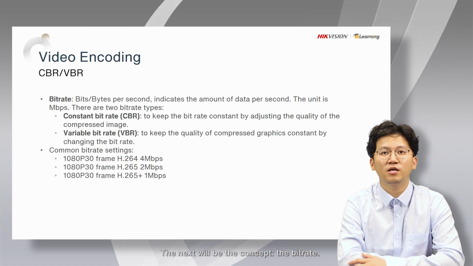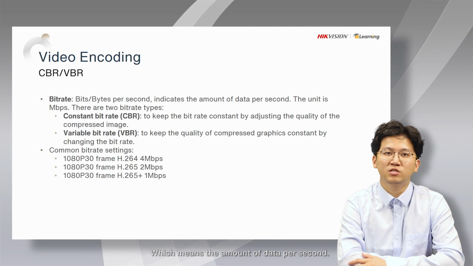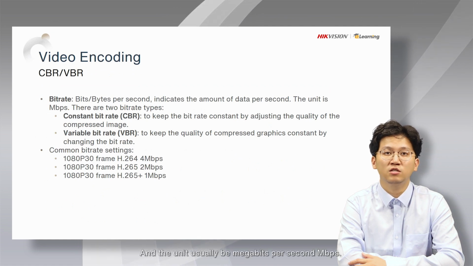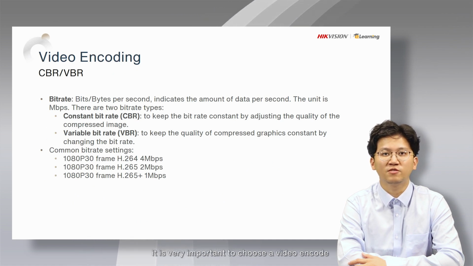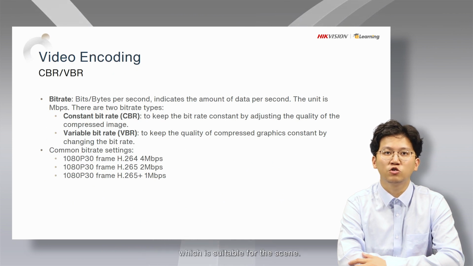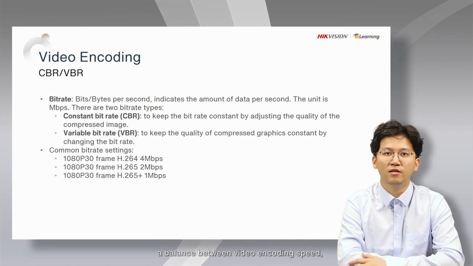The next concept is the bitrate, which means the amount of data per second. The unit is usually megabits per second, Mbps. In the process of video encoding, it is very important to choose a video encoding control scheme which is suitable for the scene. Adjusting the video output bitrate is actually a balance between video encoding speed, network bandwidth, and video quality.